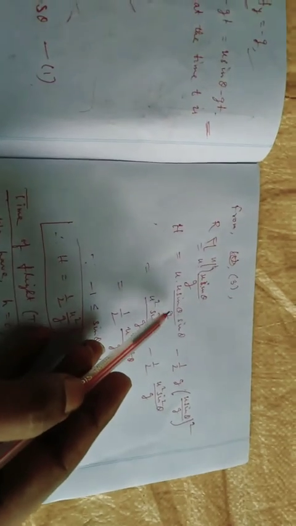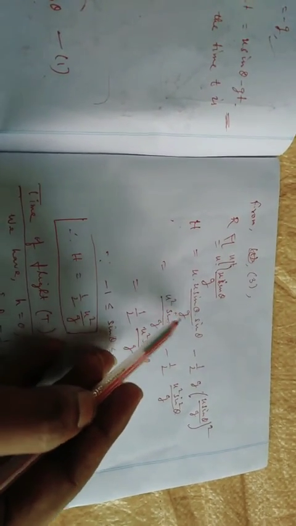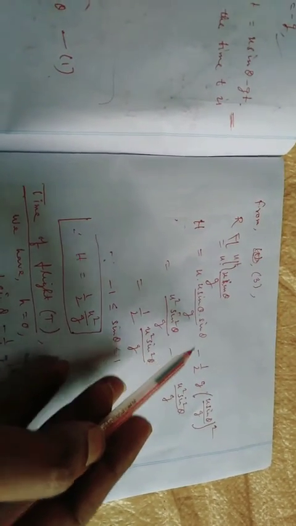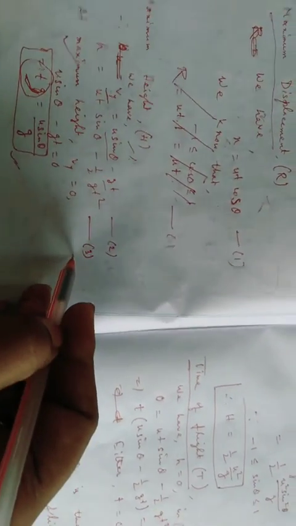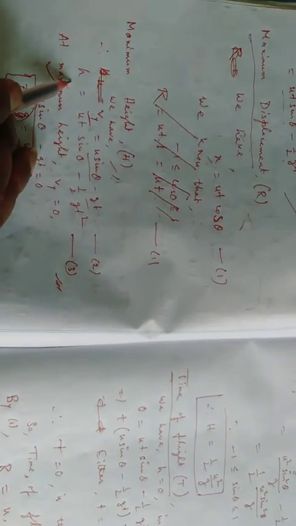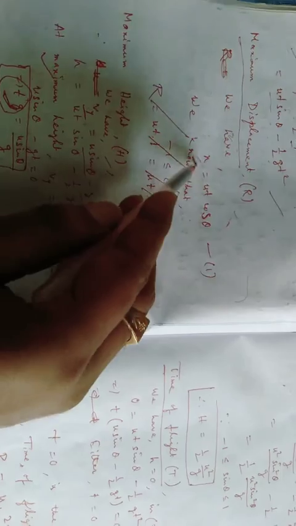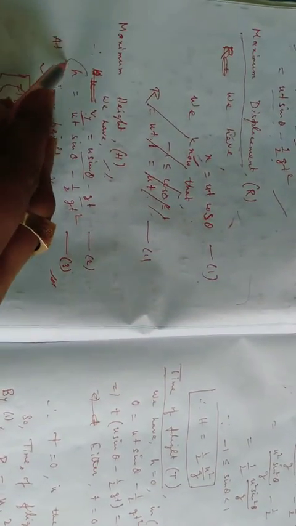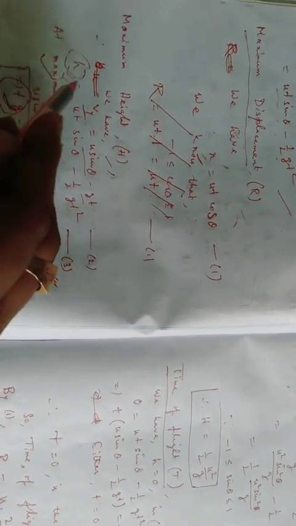So we will put u sin theta by g here. Oh sorry, I have used this in equation 3 to attain the maximum height. X is the horizontal displacement, sorry, and this is the height. So we have to use equation 3.